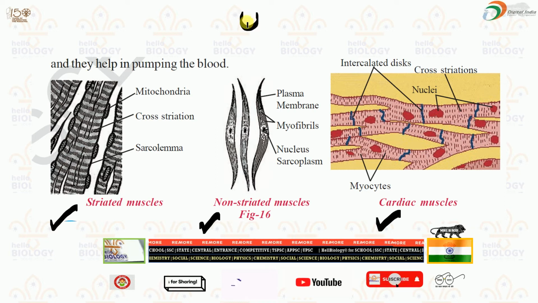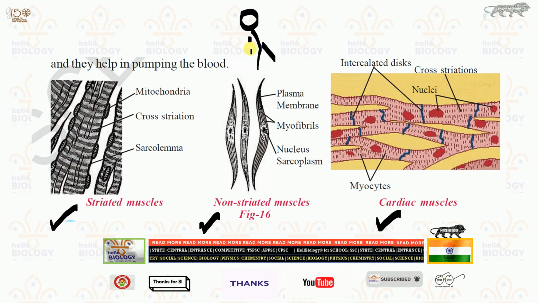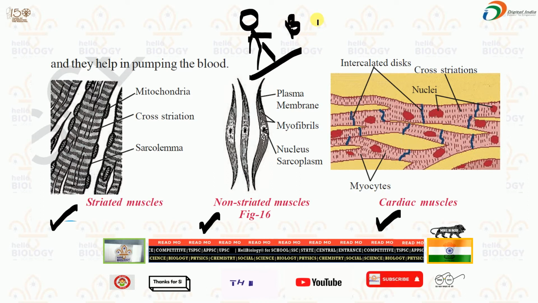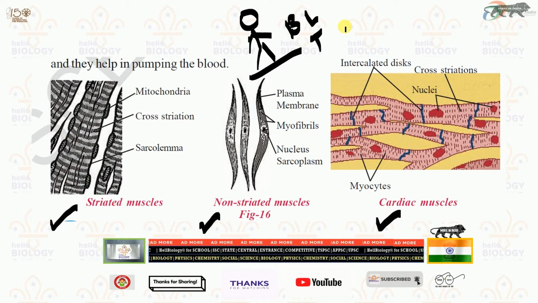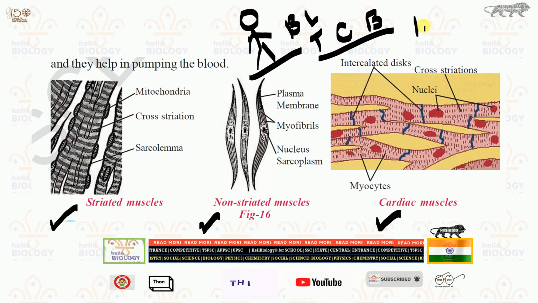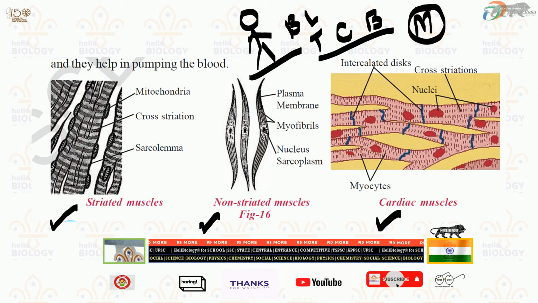Our body is filled with connective tissue as we discussed: bone, ligament, tendon, cartilage, blood. These will constitute the connective tissues. Likewise, muscles also form connective tissues.